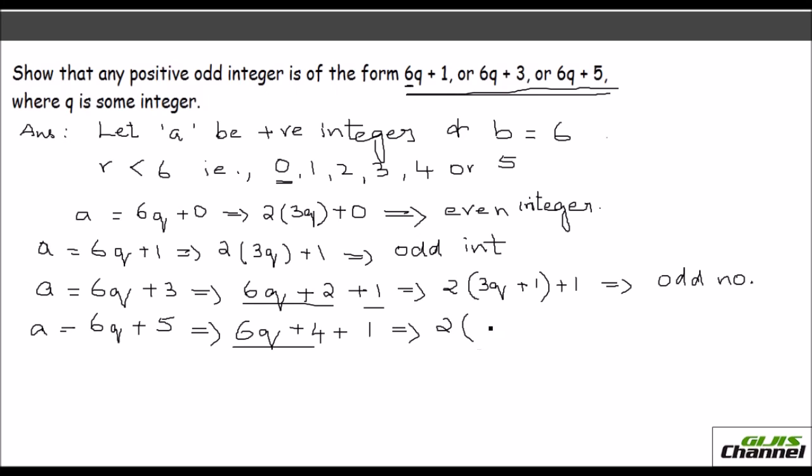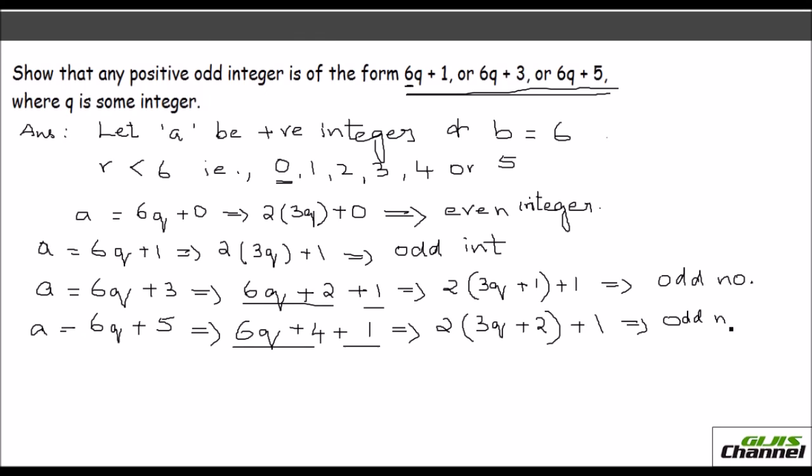Okay. So this will be 3q plus 2, right? Plus 1. Whatever be within the brackets, when you multiply with 2, it becomes an even number, and you are left with this plus 1 here. So when you add this 1 to an even number, what happens? This again you have got as an odd number.